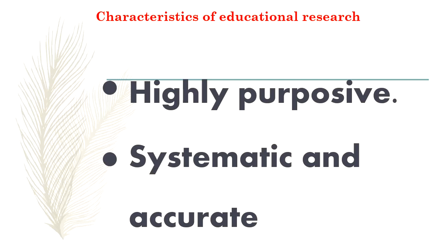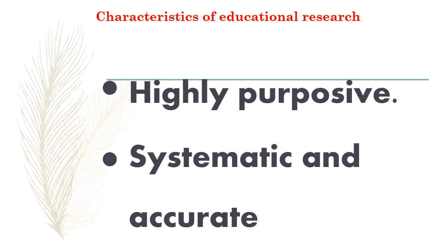What are the different characteristics of educational research? First, it is highly purposive. Research is done mostly when we find some problem, and finding the problem and then finding the solution for those problems is very purposive. So when we try to get the answer, we do different work in a purposeful manner.